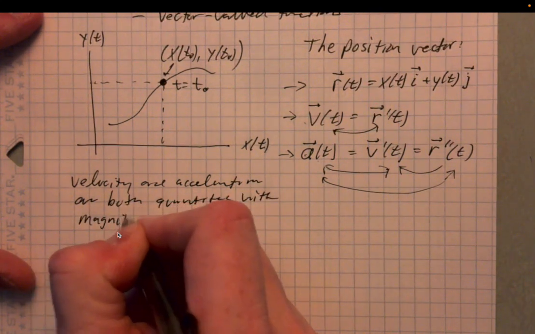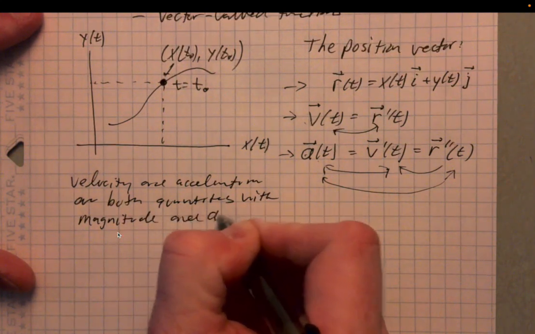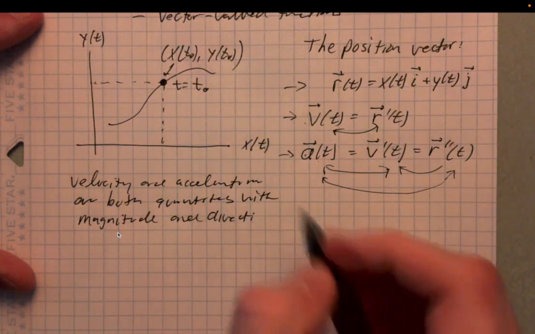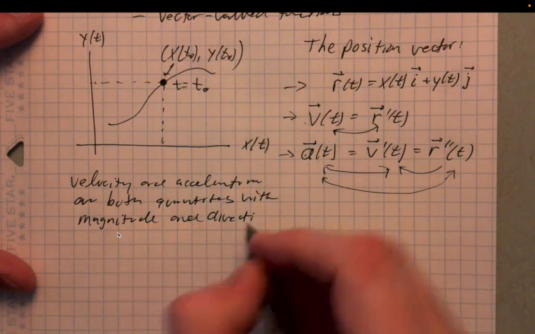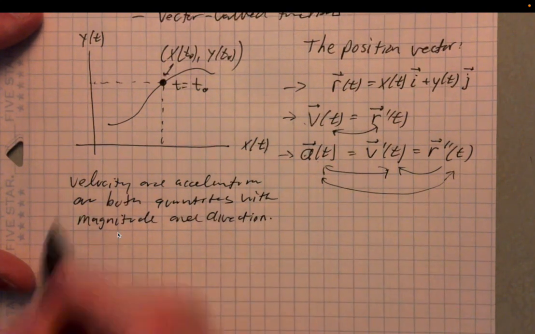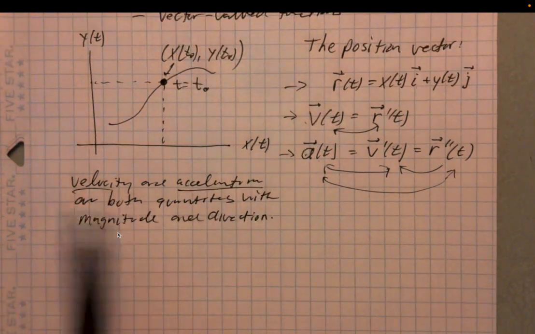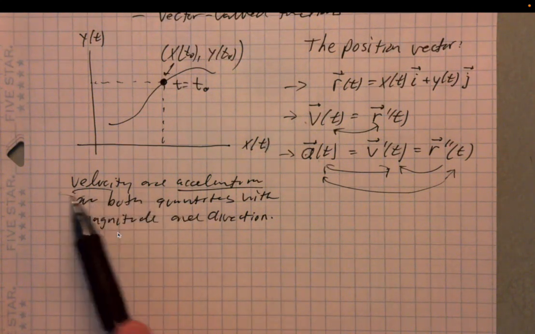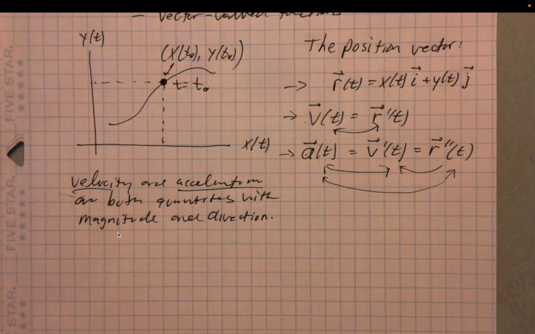With magnitude and direction, that's the key to a quantity being appropriately represented by a vector. When we talk about the velocity of a particle, it's going to have a certain speed, which would be like the length of the vector, and it's going to have a definite direction. The velocity is in a direction. Same with acceleration. So they're vectors.